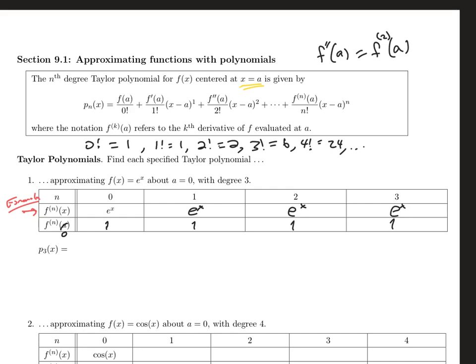Oh, I did forget to say, we think of the original function as the 0th derivative. So the original function, f of x, is what we consider the 0th derivative. We haven't taken a derivative at all, is what we mean by that. Oops, I meant a there.